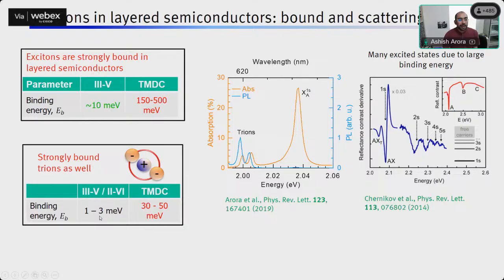In gallium arsenide, this physics is very difficult to do because binding energy is just 1 milli-electron volt, and one has to do this physics at very low temperatures such as 4 Kelvin. Whereas in transition metal dichalcogenides, even at room temperature, these trions are visible. Therefore, one should be able to do all this stuff at elevated temperatures or at room temperature.